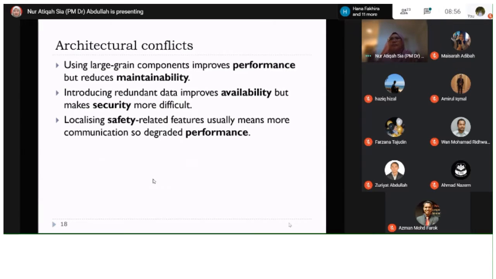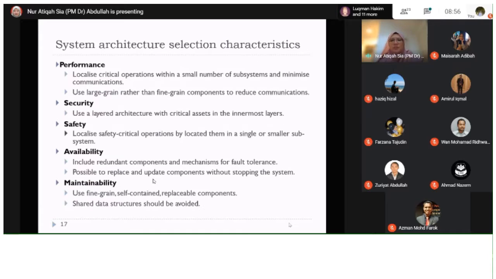Boleh tak? It's very difficult. Why? Contoh kat sini, performance dengan maintainability. When you say it is performance, bermaksud you kena design it as a large grain. But at the same time, company tu kata, agency tu kata, saya nak maintain ni nanti. Boleh tak? Tak boleh dua-dua at the same time.